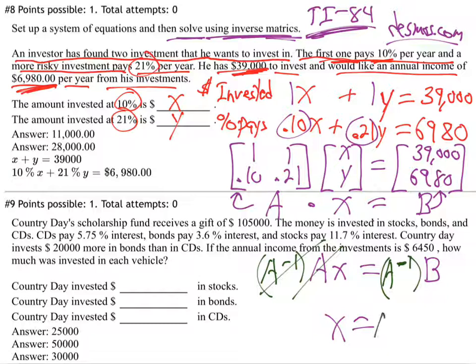So go to your graphing calculator or Desmos and do A inverse times B and hit equals. And you'll get the two answers for X and Y. You'll get 11,000 and 28,000. It'll just pop up for you. That's how we do that problem. It's quicker that way. All we need is the matrices to solve it.